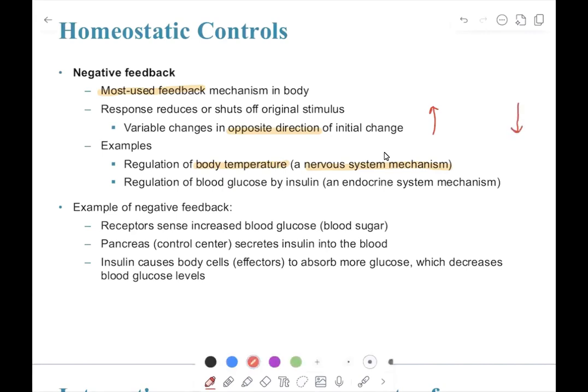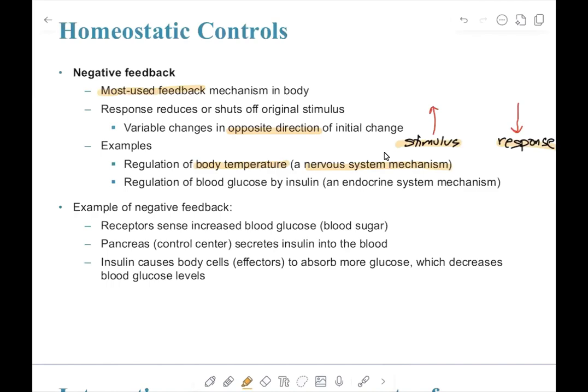So essentially, this is the stimulus. It's an increase in temperature, and this would be the response, which would be a decrease in temperature. Those are the only two things that are important to decide whether it is negative feedback or positive feedback.